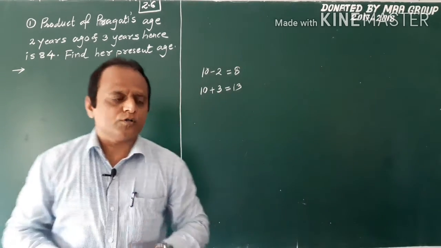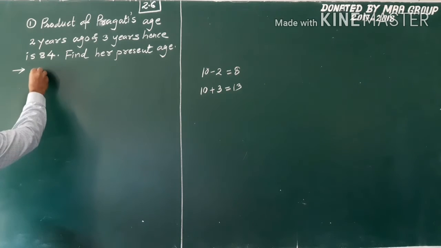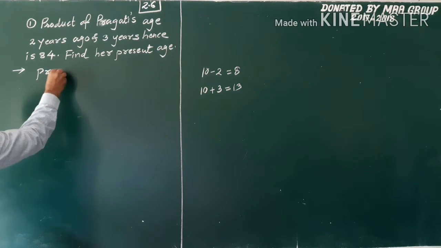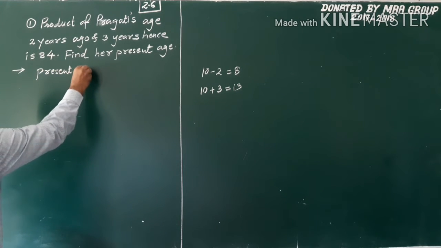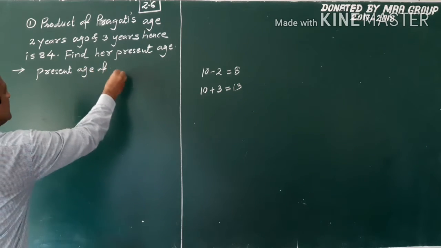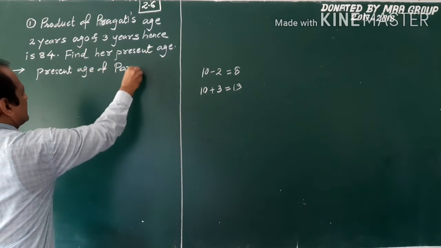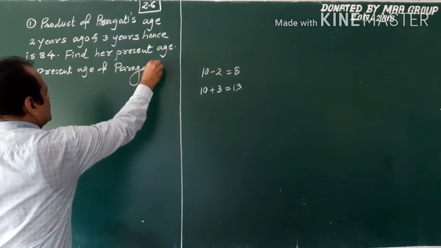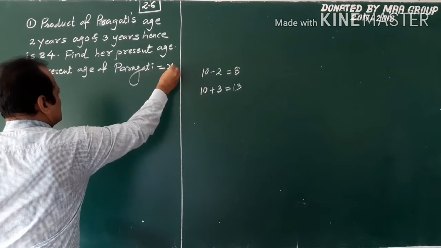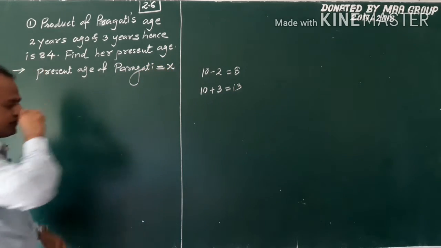Okay, let's suppose that the present age of Pragati is equal to x years, that is x.